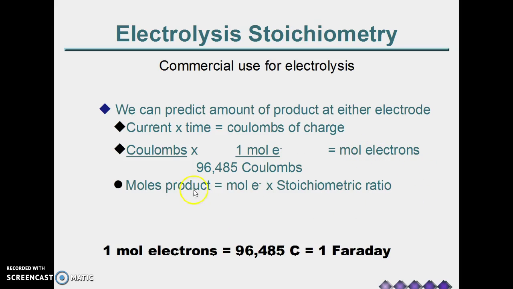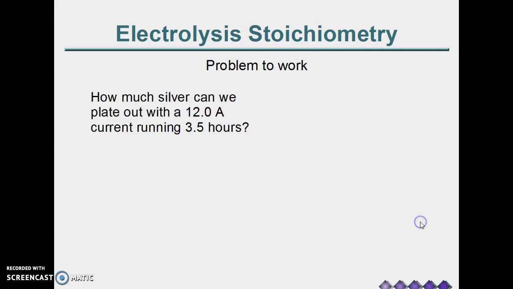And moles of product, of course, would be equal to the moles of the electrons times the stoichiometric ratio. So if we were doing copper 2+, we would have to consider that 2 electrons per mole of copper. Grams of product, then, would be equal to the moles of product times the molar mass of the metal being produced, or chlorine gas, or whatever it is you're producing.